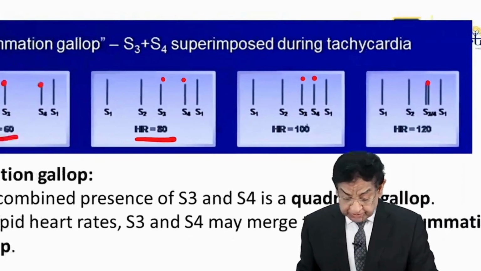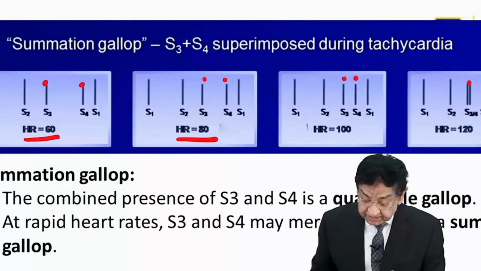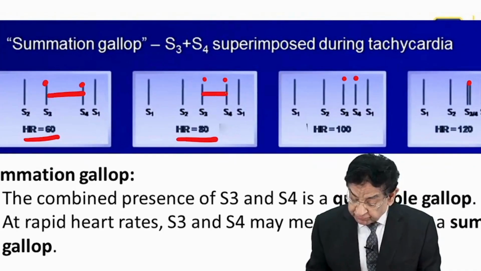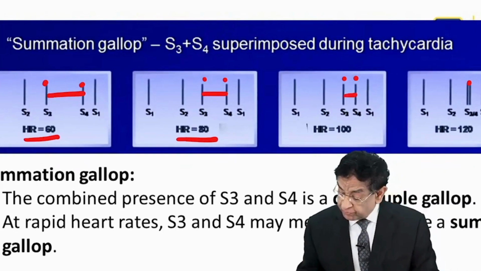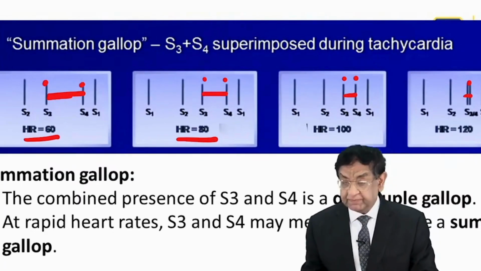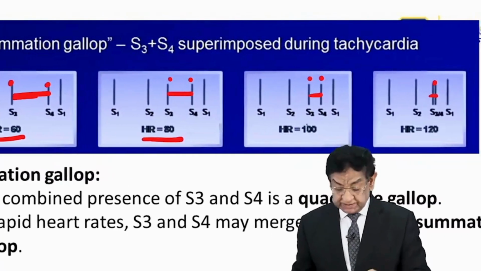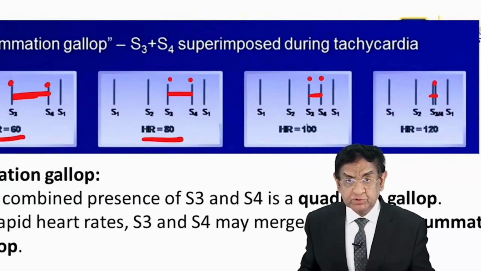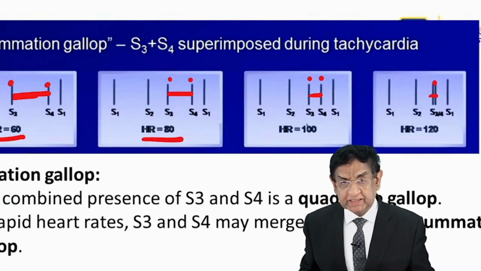So what you notice is, as the heart rate increases, S3, S4, S3, S4, S3, S4, they come nearer and nearer to each other, and finally a time comes when they superimpose on each other.